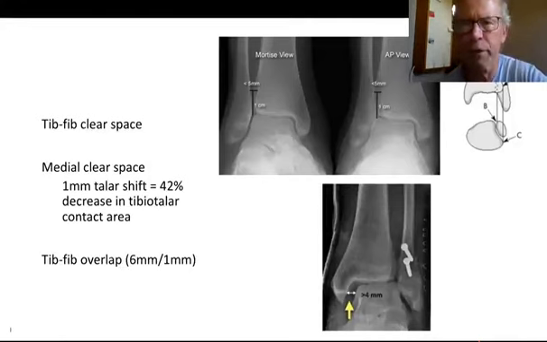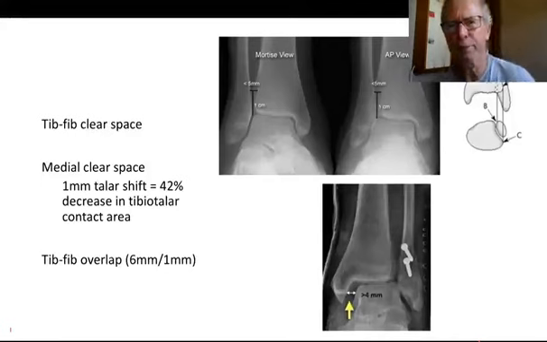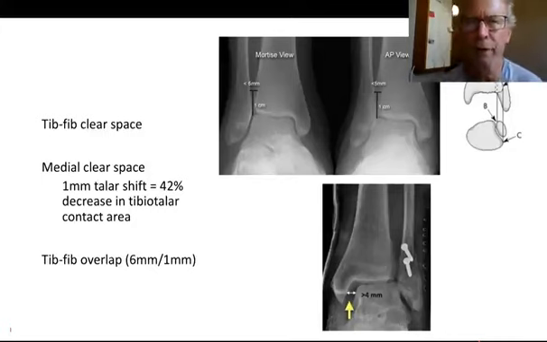Some people have degenerative changes in the joint because of malunions, and they say, I don't want an operation, I'm fine, thank you. I suppose it's partly functional demand. A manual laborer is probably going to complain more than somebody who's elderly and doesn't walk around very much. But you want an anatomical reduction. These are the criteria to determine whether you've got anatomical reduction or not.